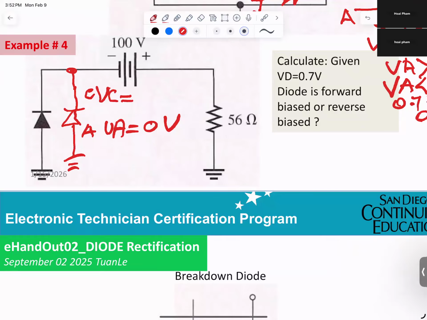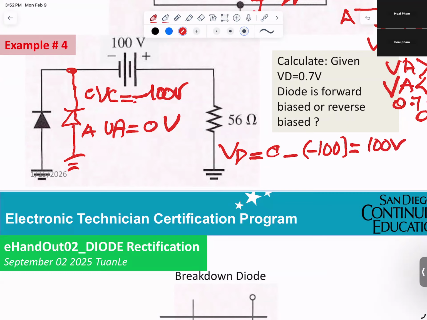Okay, in order to tell the diode on or off, you have to see VD equals 0 minus minus 100, which is greater than 0.7 volt.